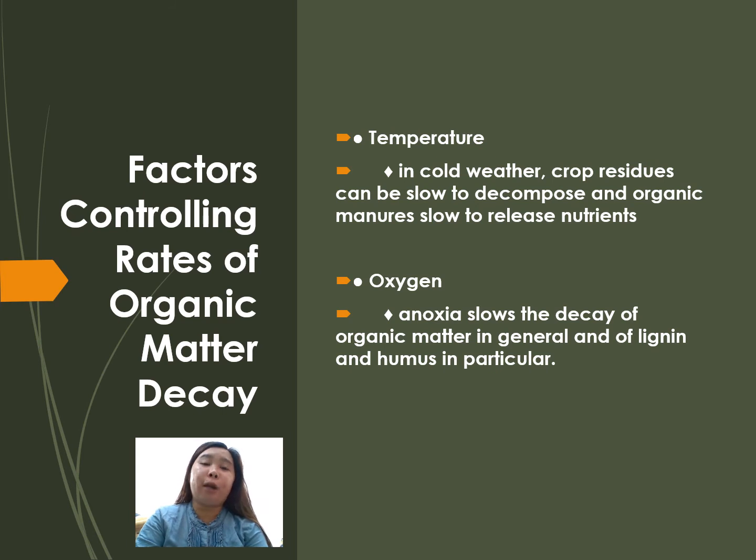Other factors are temperature and oxygen. For example, in cold weather, crop residues can be slow to decompose and organic manures are slow to release nutrients. While in terms of oxygen, anoxia, or the absence of oxygen, slows the decay of organic matter in general and of lignin and humus in particular.